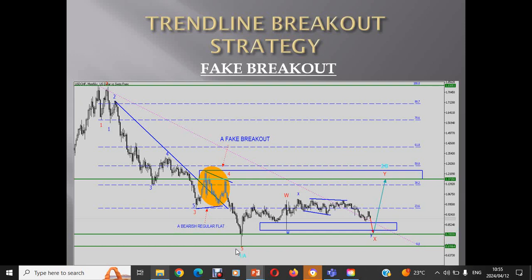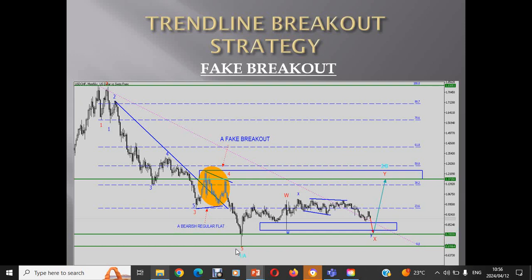So the main point here, traders, is do not trade immediate breakouts, because the pullback gives us the time to be able to analyze the breakouts. Okay, so when we see a breakout, we must wait for the pullback in order for us to be able to analyze the breakout, whether this will be a true breakout or a fake breakout.